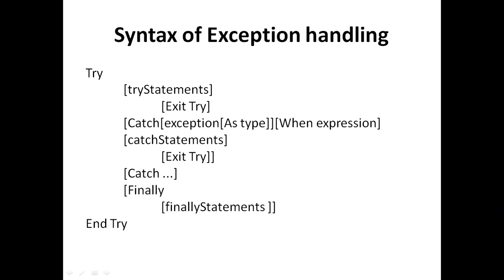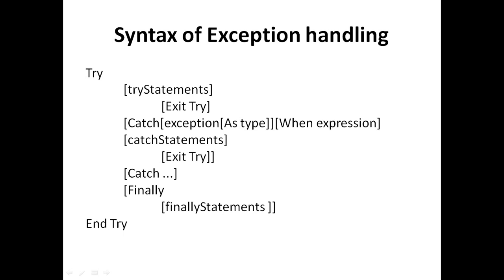It catches an exception. Finally block: this is the block which is used to execute a given set of statements whether that exception is thrown or not. Throw: it is a program that throws an exception when the problem shows up.